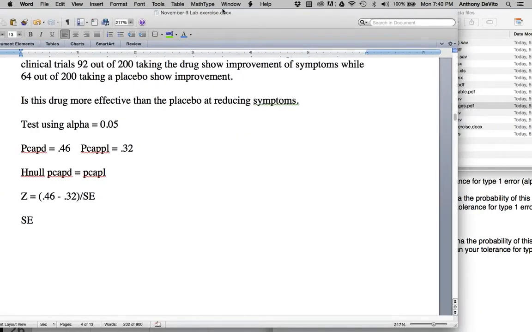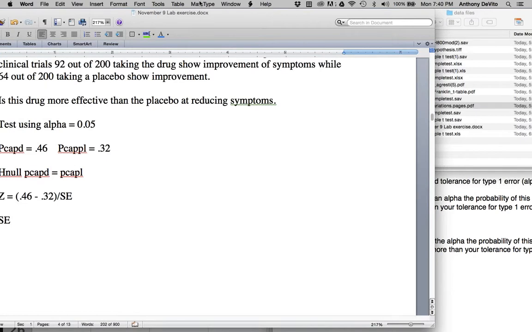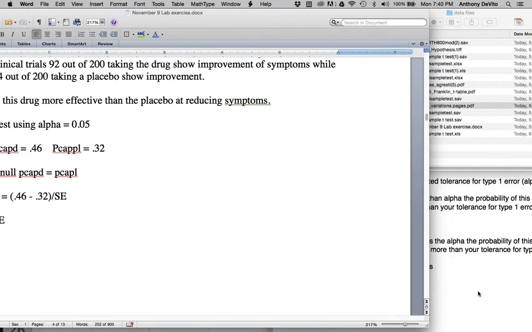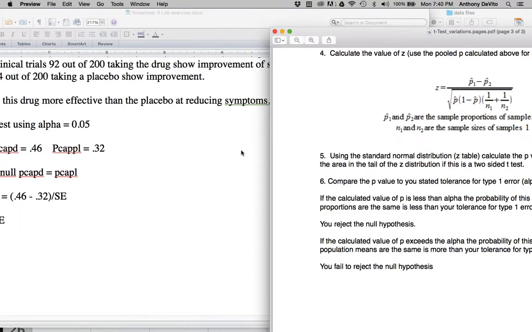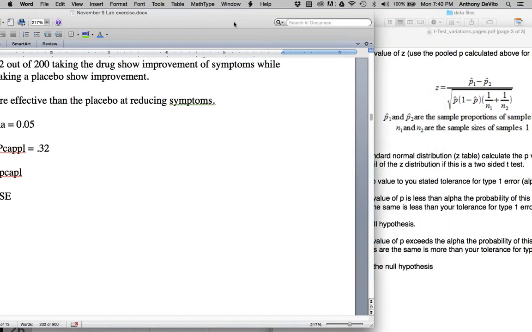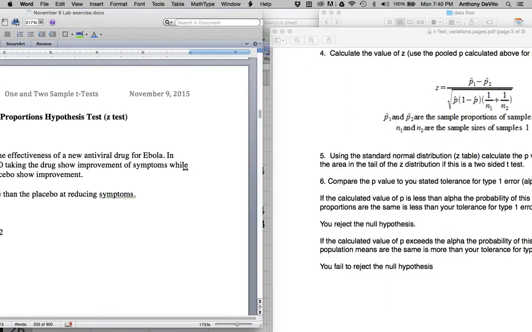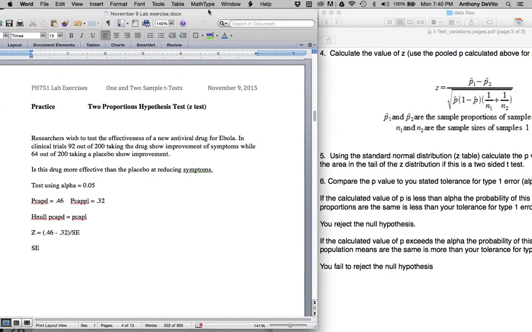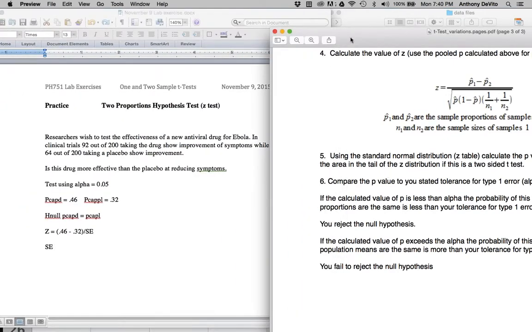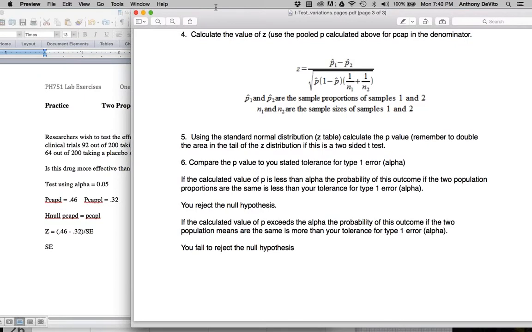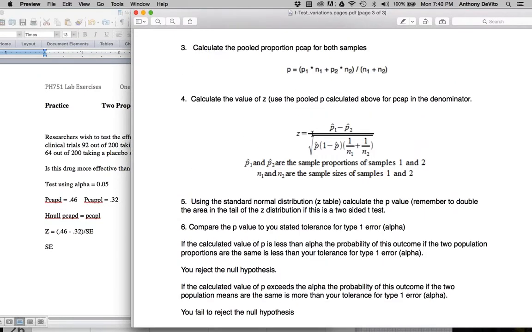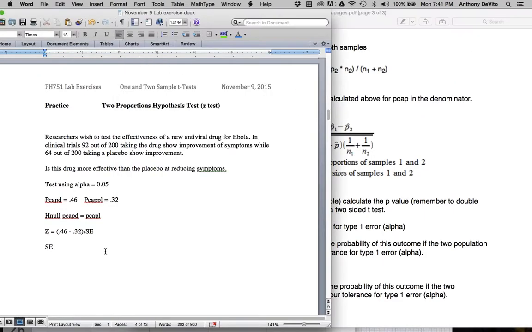Well, if it were a single proportion, it'd be pretty easy, p times 1 minus p and so on. But in this case, where we're dealing with two proportions, it's going to get a little bit stickier. We have to calculate a pooled proportion.